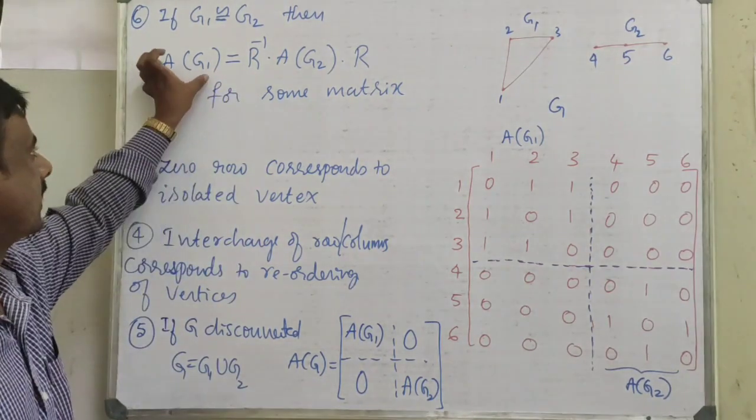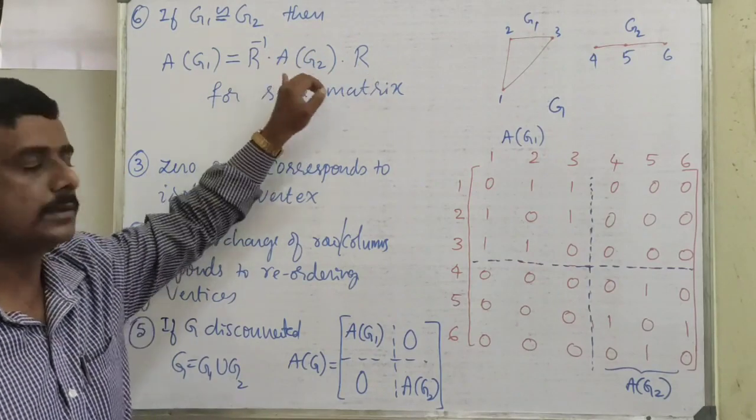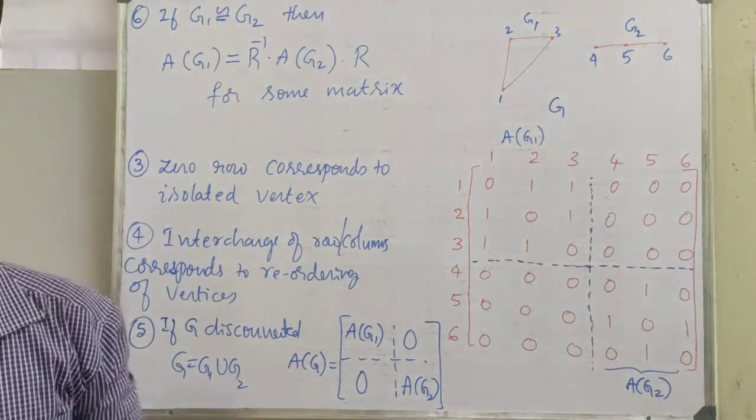That means one matrix can be written as R inverse into the second matrix into R for some permutation matrix R.